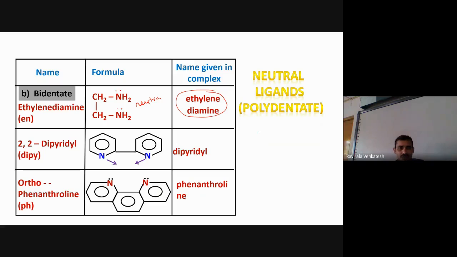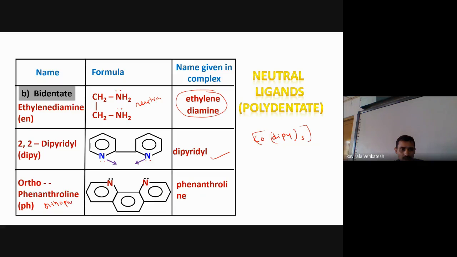When they write the structure, for example cobalt dipy taken 3 times, instead of writing 2,2'-dipyridyl they write dipy. Now we have one lone pair here which will donate to the metal. Now orthophenanthroline, in short form, is called o-phen.